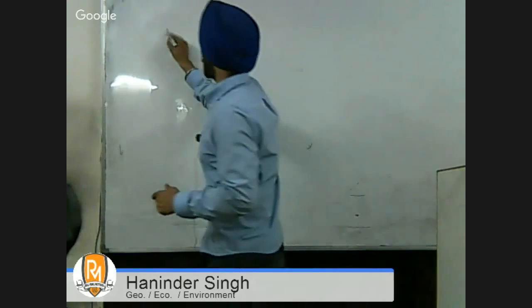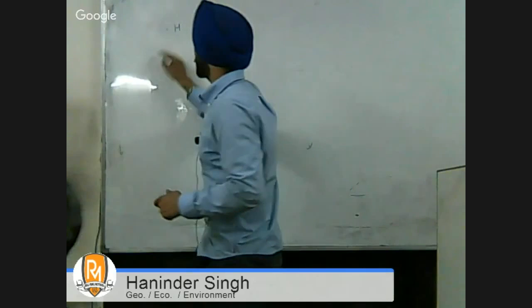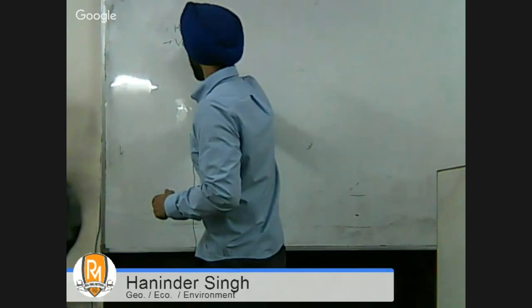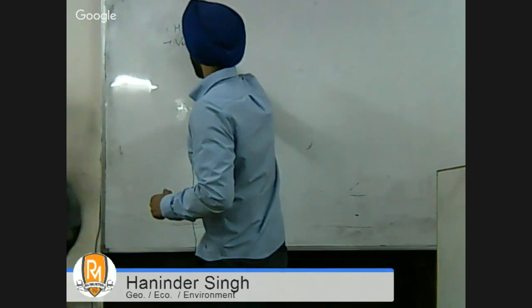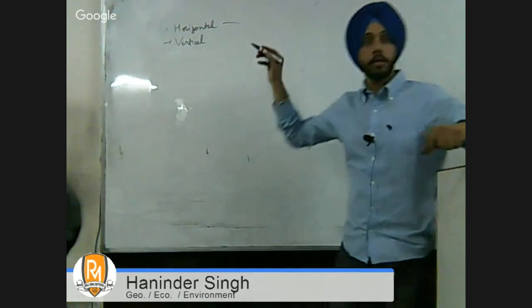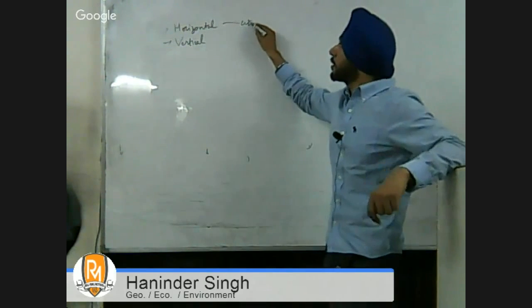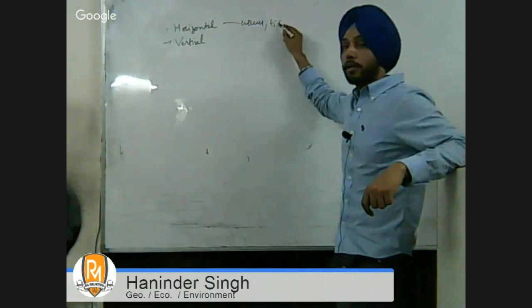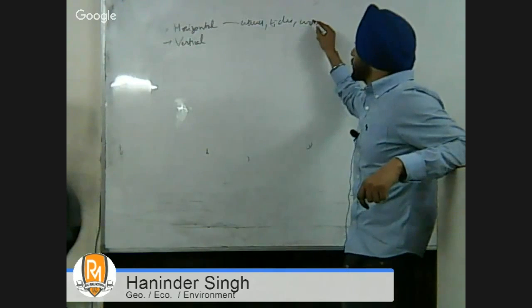It has two components. First one is horizontal, next one is vertical. What is horizontal motion of water? Waves, tides, currents.